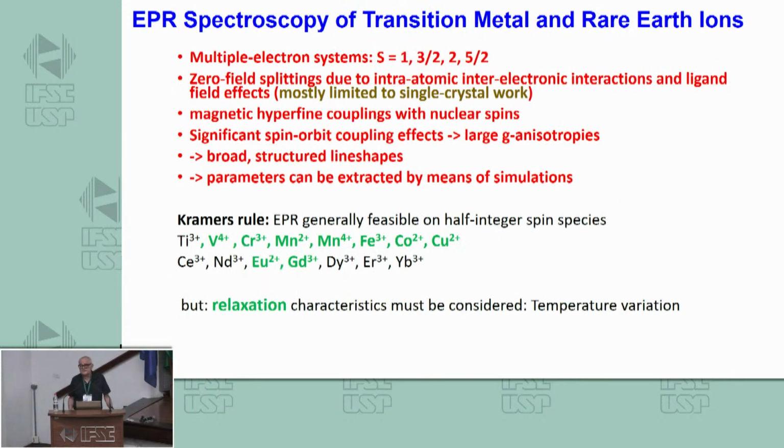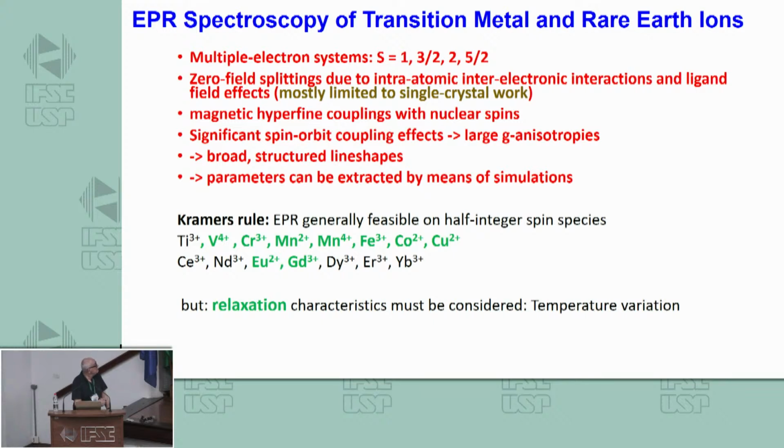So now let's talk about some applications from glass and other types of sciences. I'll show a little bit of what we've been doing and others on transition metal and rare earth ions, mostly in glasses. Transition metals and rare earth ions are typically multiple electron systems. There's not only one unpaired electron, but there are several.